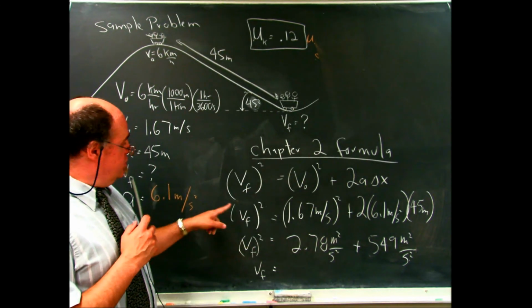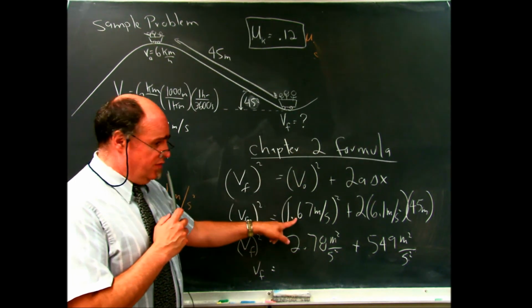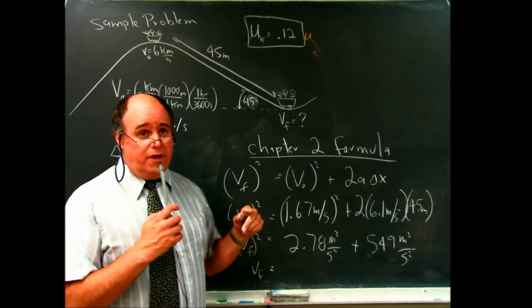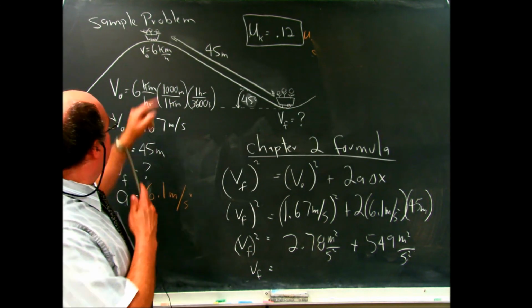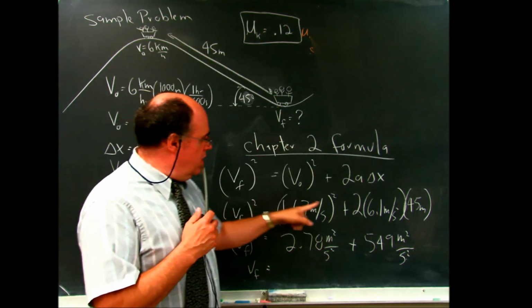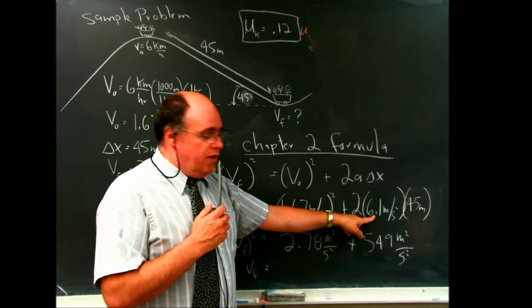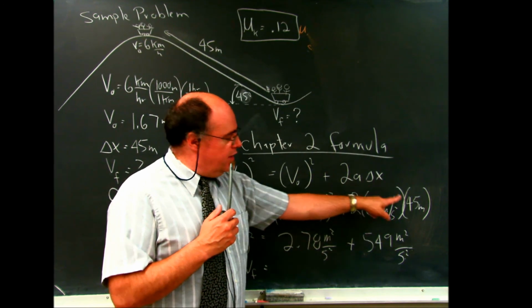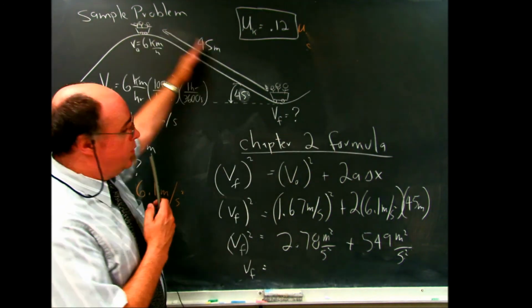I'll plug in the values. I don't know the final velocity. I did know the initial velocity. That was a trick, by the way, in the problem. They gave it to you in kilometers per hour. If you didn't remember to change that, you were wrong from the get-go. Plus 2, a we just found is 6.1 meters per second squared. Delta x was 45 meters long as we went down this hill.